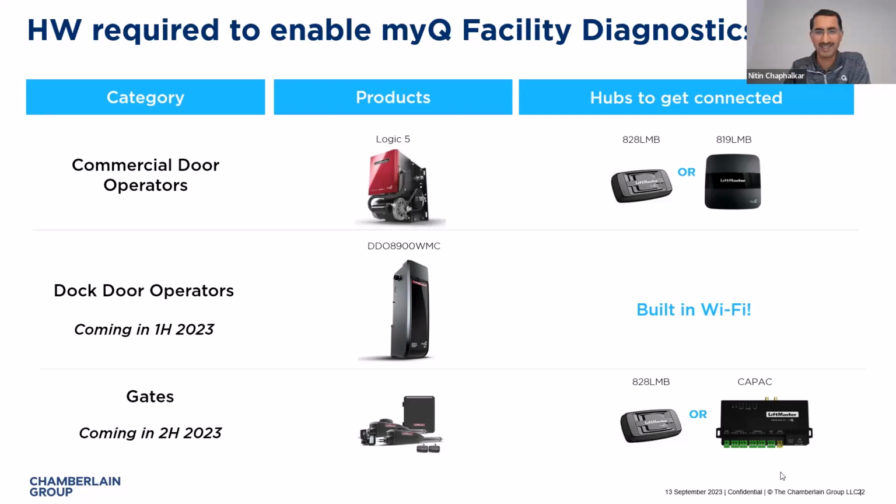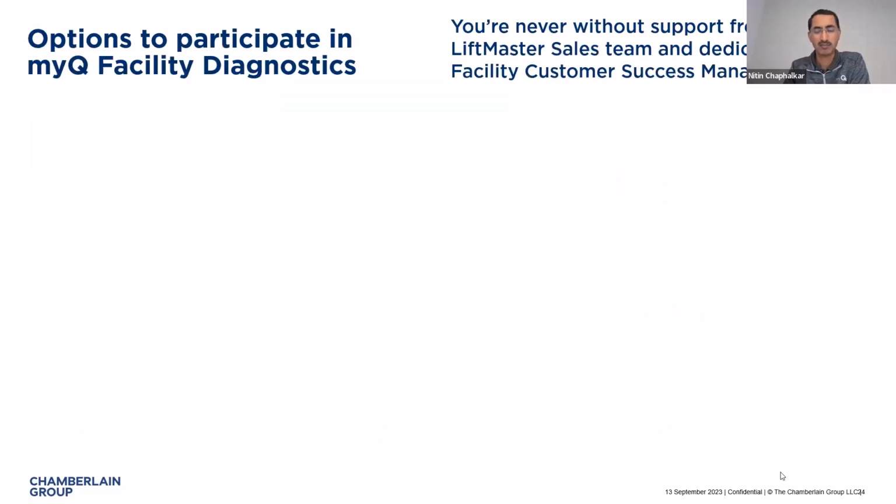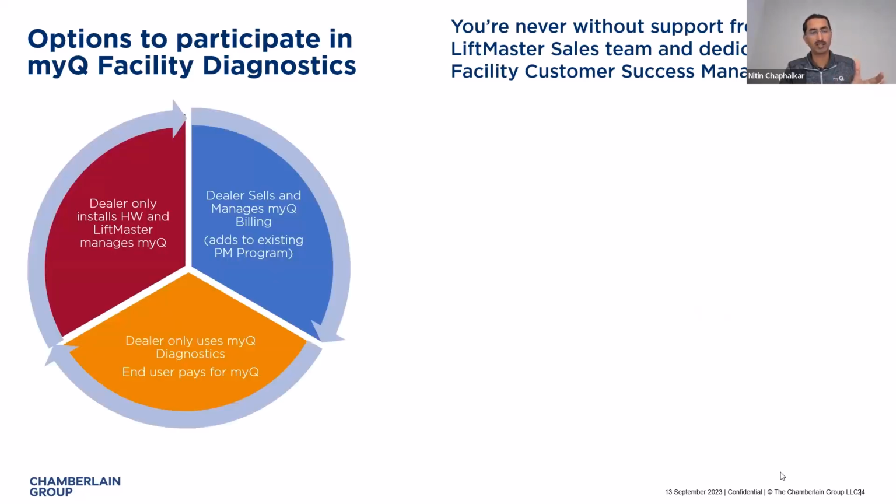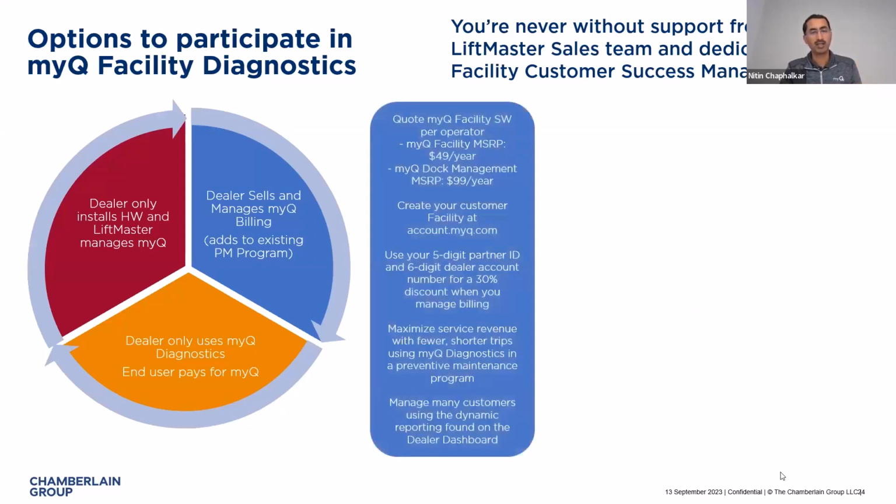Thanks, Denton. So as a dealer, if you like MyQ diagnostics and MyQ facility, there are several ways to work on it. I mentioned that the typical pricing for MyQ facility is $1.49 per year, based on per door.